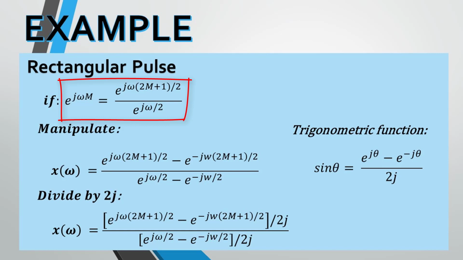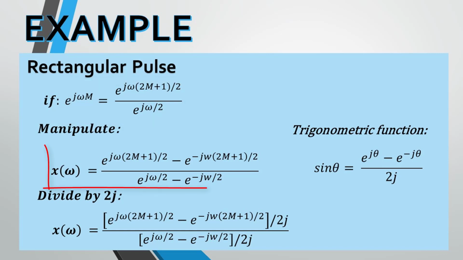We will then multiply this ratio to get e raised to j omega, the quantity 2M plus 1 all over 2, minus e raised to negative j omega, the quantity 2M plus 1 all over 2, all over e raised to j omega over 2 minus e raised to negative j omega over 2.